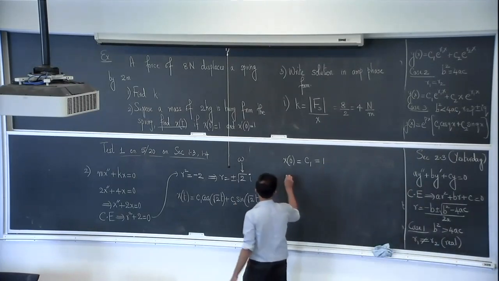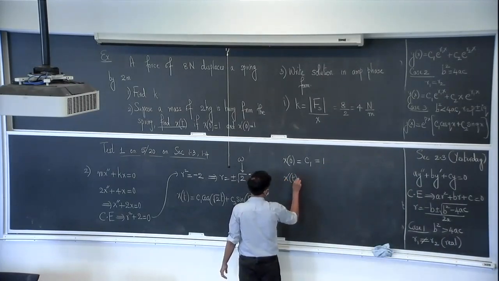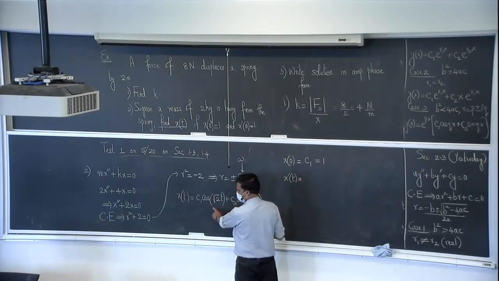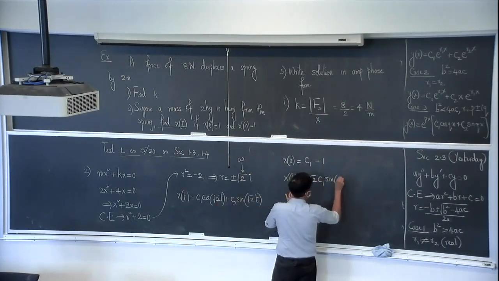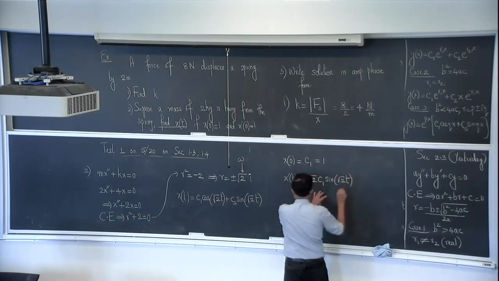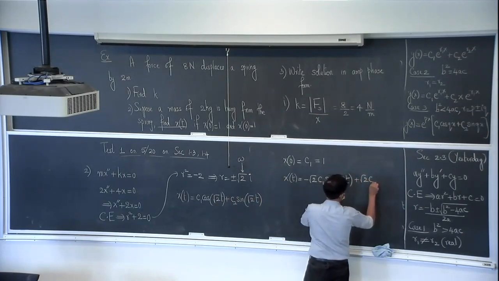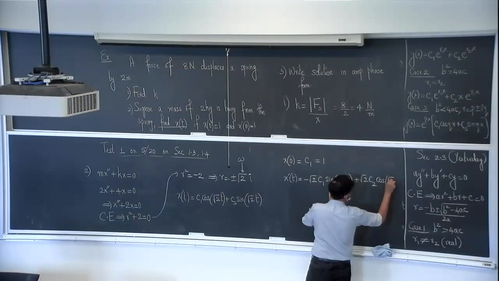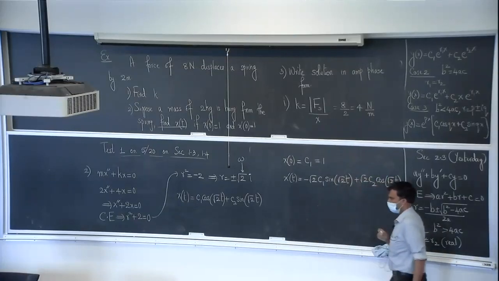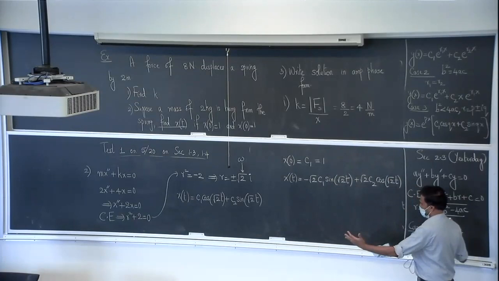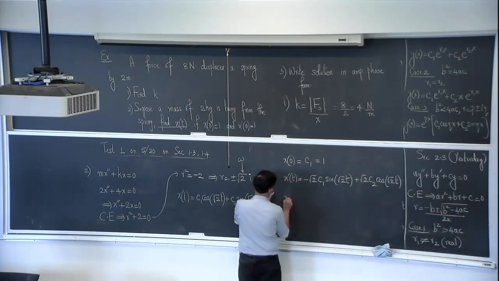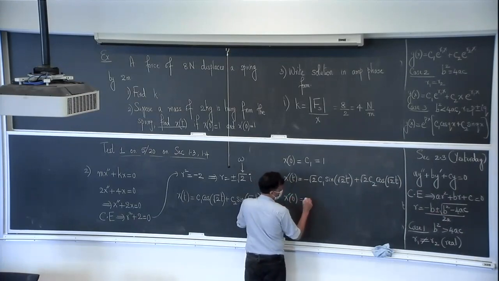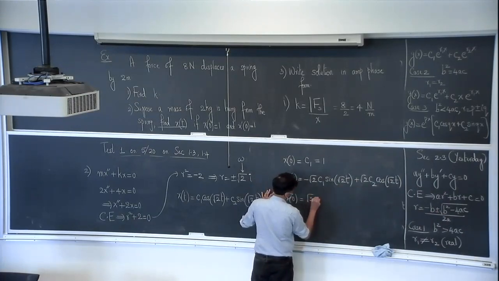And x prime of t equal to, don't forget to do chain rule here, so it's going to be negative root 2 c1 sine of root 2t plus root 2 c2 cosine of root 2t. That is the velocity in general, and you can plug in t equal to 0, x prime of 0 equal to square root of 2 c2.